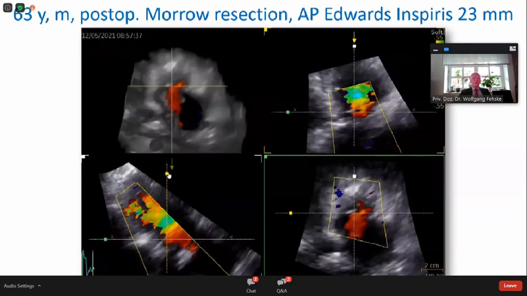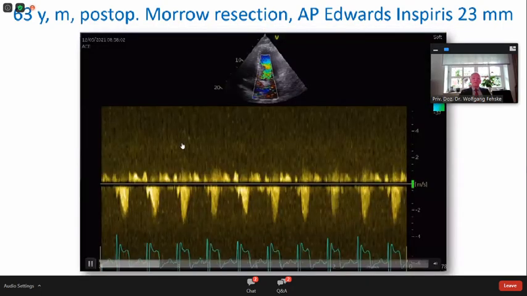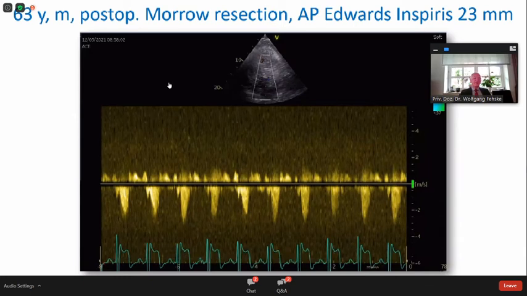And what we do normally, we are scanning with our CW through the valve, and you see that there is the acceleration in the lower part, or the more apical part, of the left ventricle, and here is the valve itself. And then it is difficult to find out what is the valve.